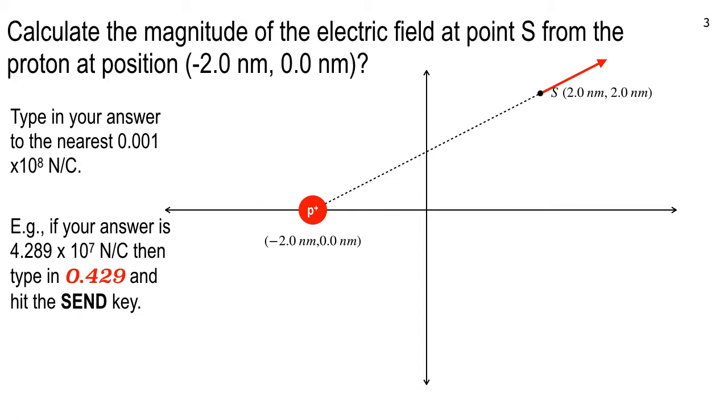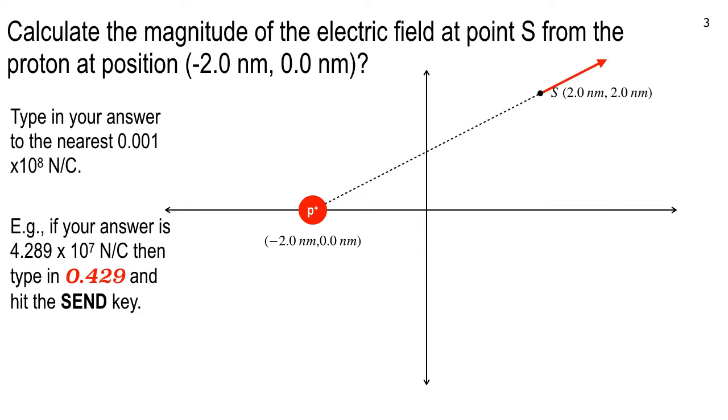The question was, when do you do Pythagorean theorem first instead of figuring out the x and y components? The answer is you always do it first, because unless you're on the x-axis or the y-axis, directly above the proton or directly to the left or right, you're going to have components of some kind.